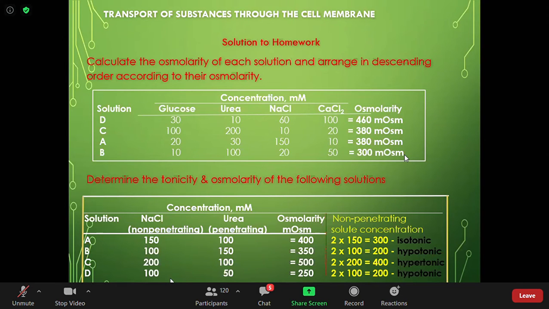The tonicity, A, B, C, D. Your urea is penetrating, so this will not affect. This one is a milliosmol, okay? B, C, D. D is hypotonic. Isotonic, hypotonic, hypertonic, and hypotonic.